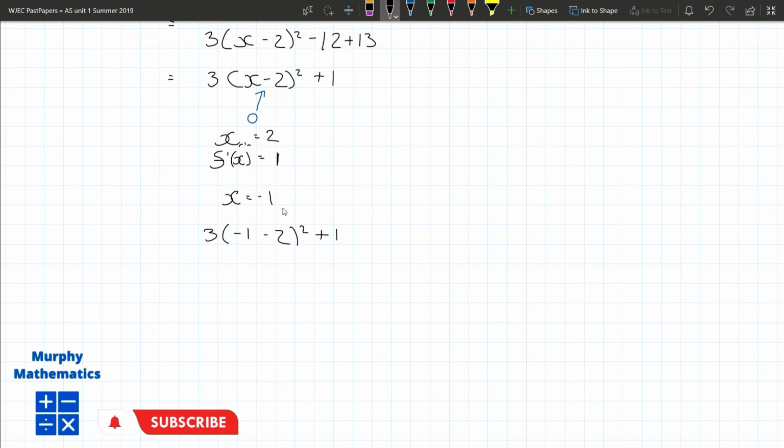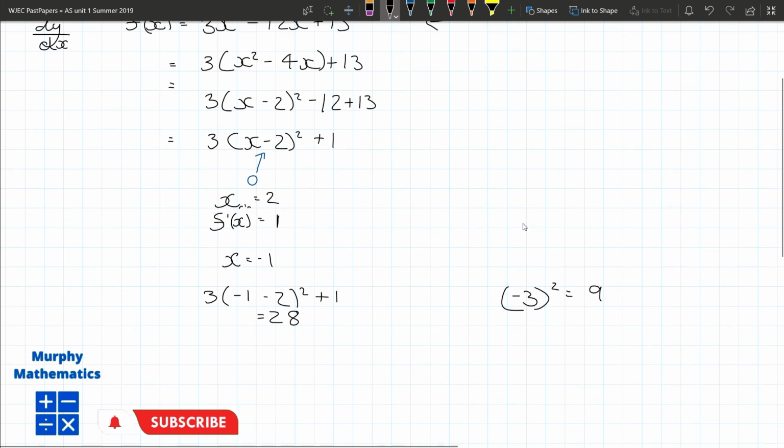And the reason this is still going to be positive is because of this squared. So whenever we have a negative value squared, it's still going to come out as positive. So here we'd have minus 3 all squared, so we're going to have 3 times 9, which is 27, plus 1. So this all equals 28 positive, all because minus 3 squared equals positive 9, because a minus times a minus will be a positive.